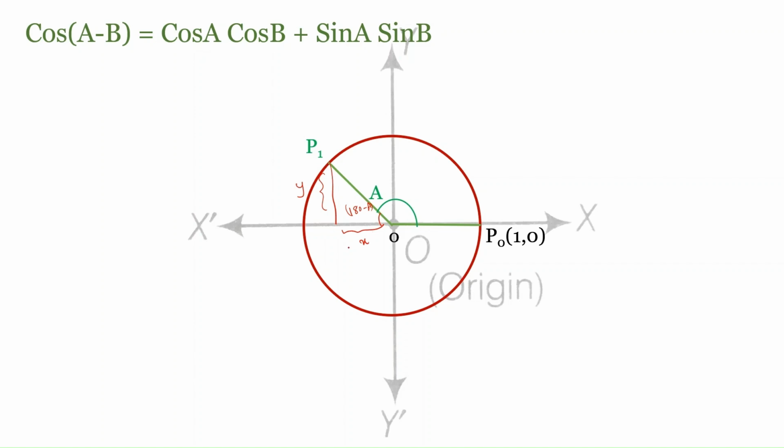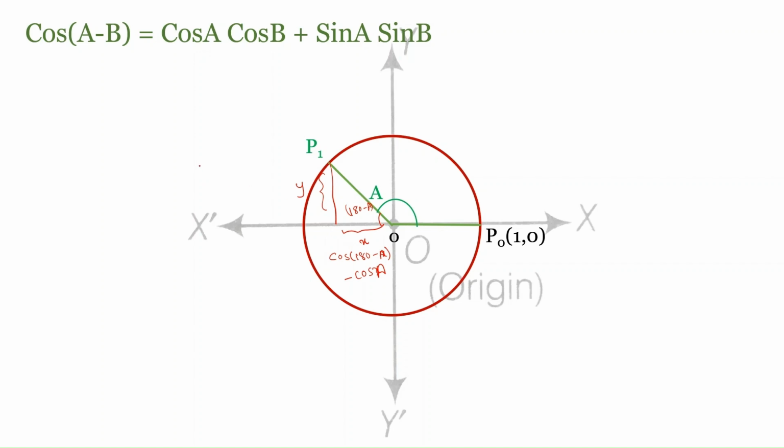This x shows the adjacent side, for which the formula would be cos(180 minus x), and cos(180 minus x) is minus cos x. As it is the negative x-axis, we will have this minus sign. Here it is A, so 180 minus A, this is cos A.